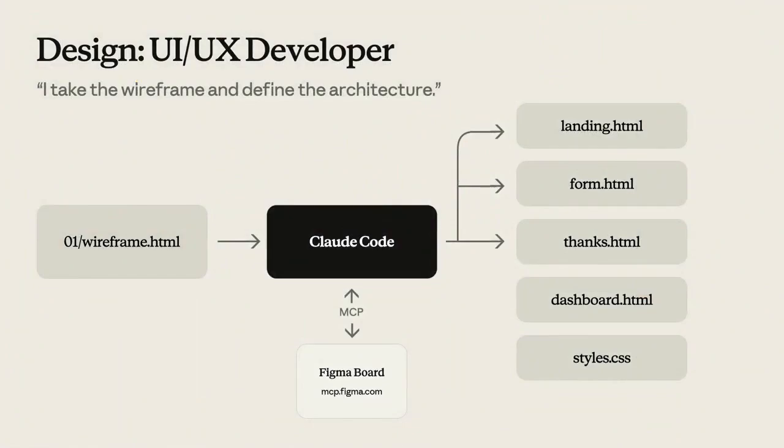Okay, so at this point, the PM creates a prototype and passes it to the UI/UX developer. And at this point, they need to implement a more solid interface in order to use it in production.